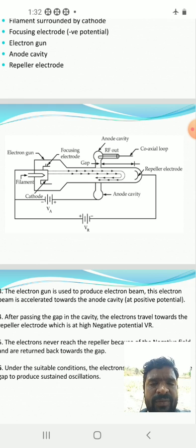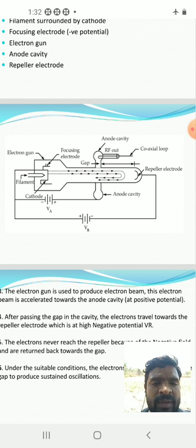This is the construction of the microwave reflex klystron oscillator. In operation, when the switch is on, the filament or electron gun produces the electrons. These electrons are transmitted towards the repeller electrode in the vacuum tube. But the repeller electrode is at a very high negative voltage, so the electron beams do not touch the repeller electrode.